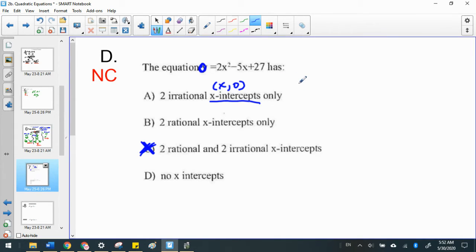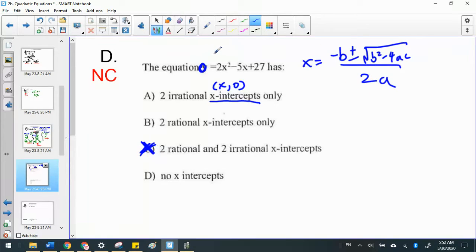And at this point, we need to figure out whether we have 2 rational or 2 irrational x-intercepts. And this would be a good time for me to use the quadratic formula, but I'll show you how we don't need to use it to the fullest extent. So x is equal to negative b plus or minus radical of b squared minus 4ac all over 2a.